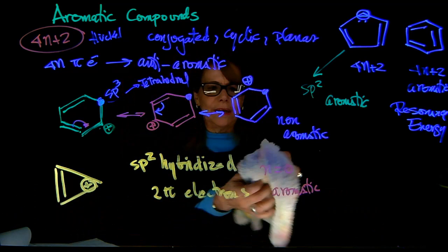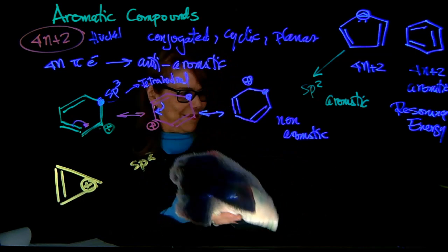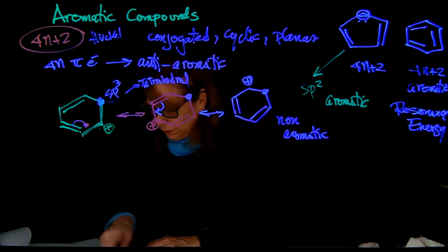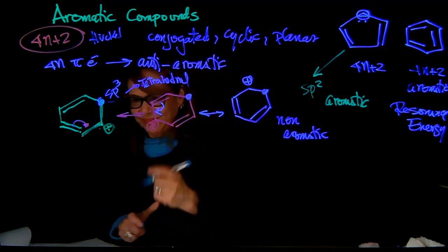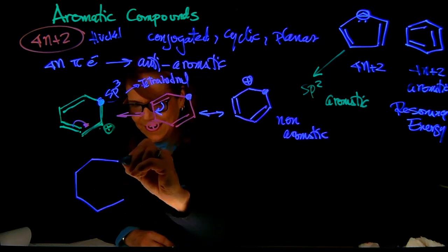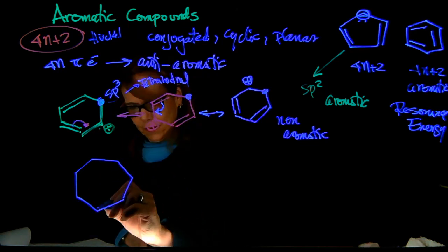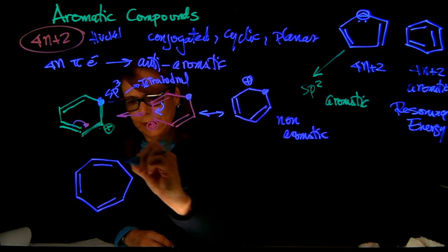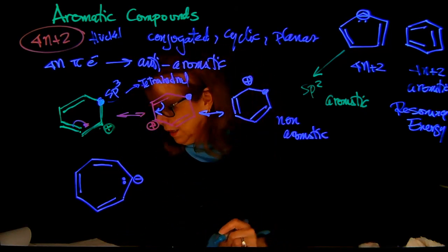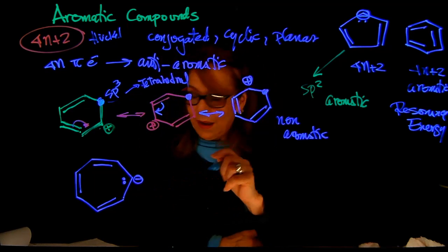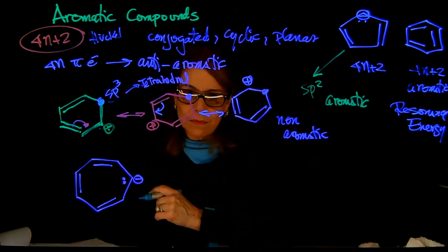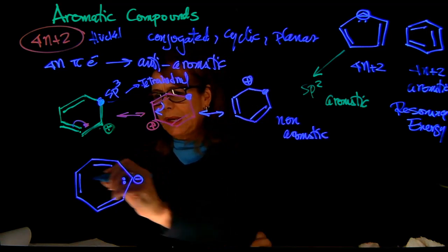Let's do another example here. One more, and here I have a ring with double bond, double bond, double bond, and here I have a pair of electrons, so that is an anion. In this cycle with 7 carbons, I have 8 pi electrons: 2, 4, 6, 8.